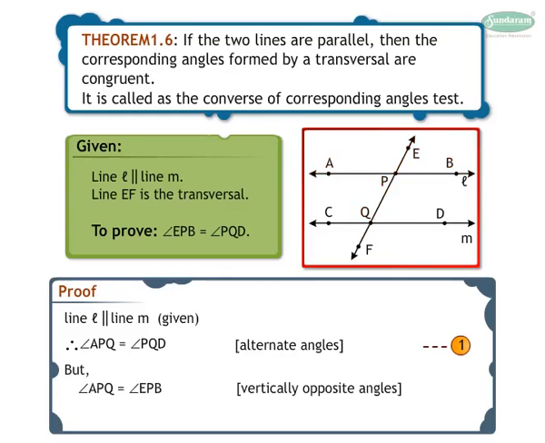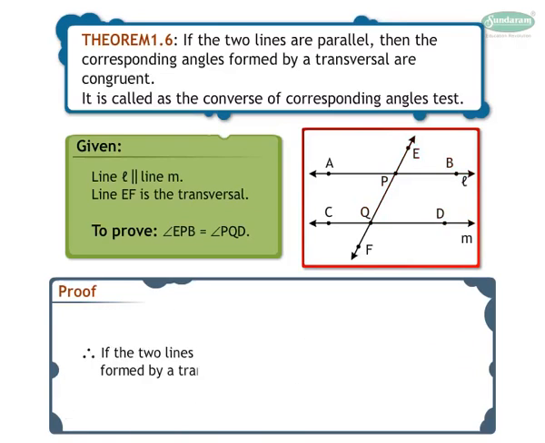Let us consider this as statement 2. From 1 and 2, angle EPB is equal to angle PQD. Therefore, if two lines are parallel, then the corresponding angles formed by a transversal are congruent.